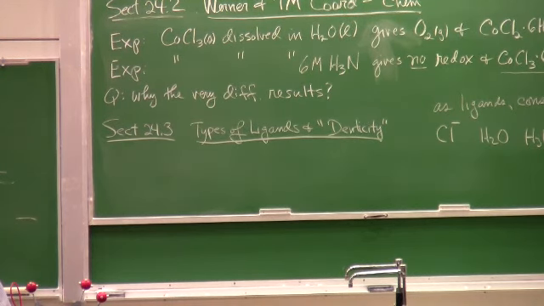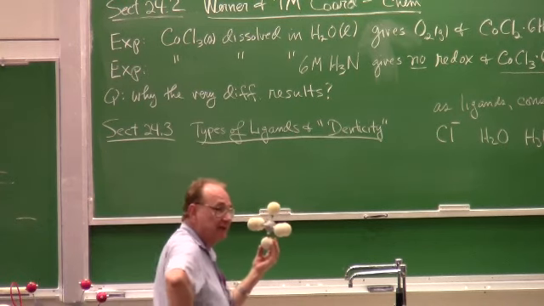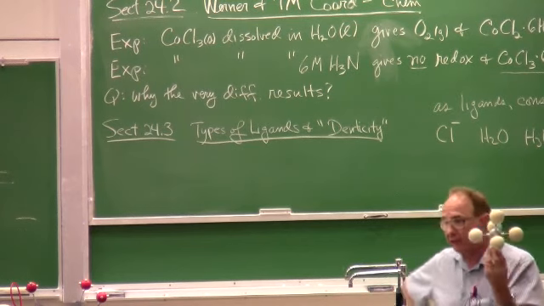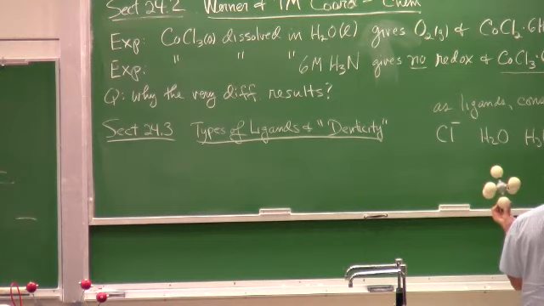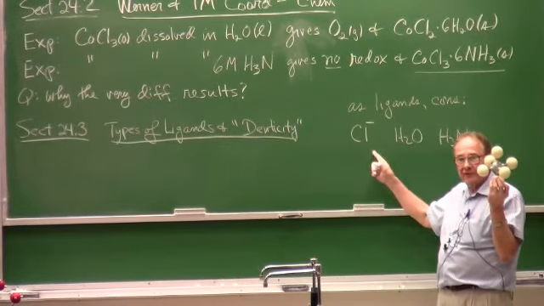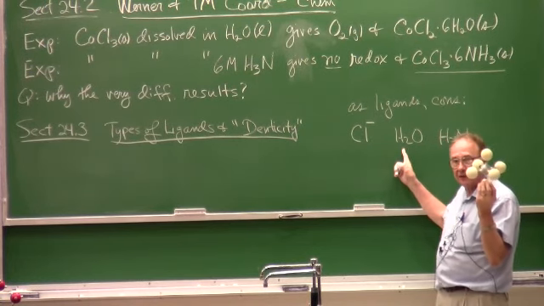So, given that it is true for experiment number 1, which species seems to be capable of behaving as a Lewis base more strongly toward cobalt in the +3 oxidation state? Chloride ion or water? Which of these seems to have the capability of interacting more strongly with cobalt in the +3 oxidation state?